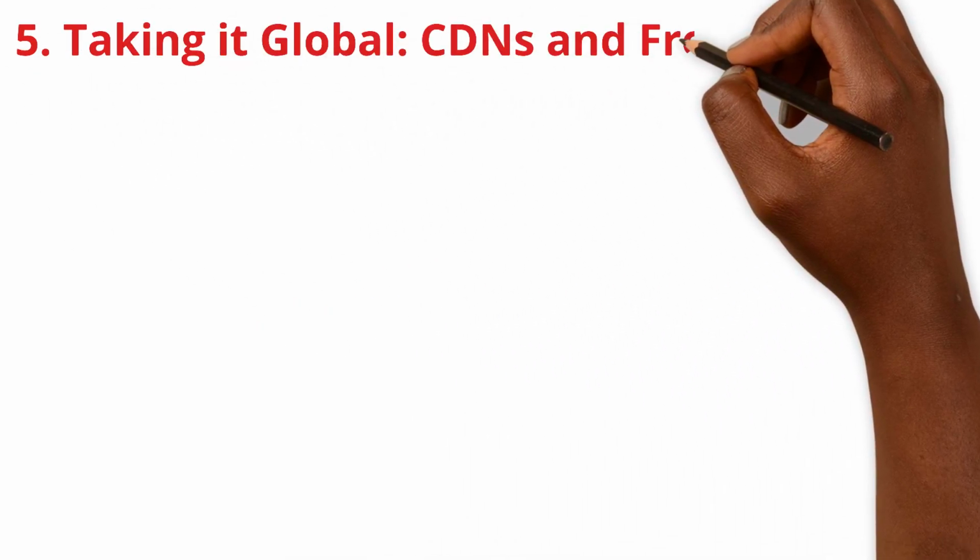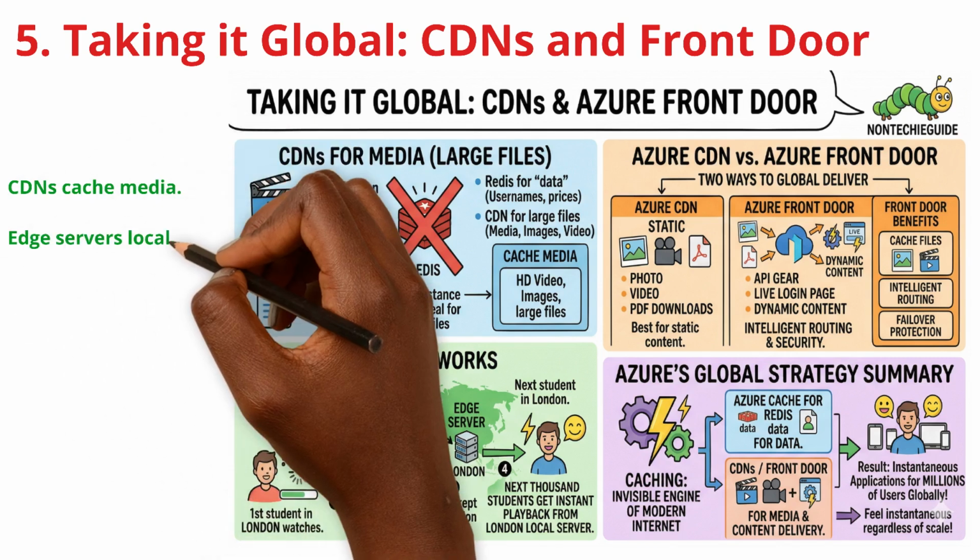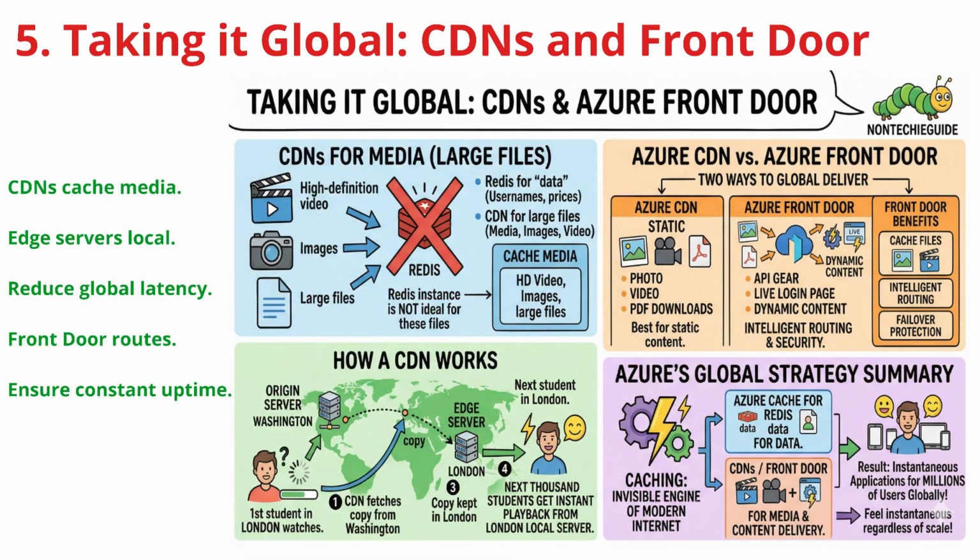While Redis is a superstar for data like prices and usernames, it isn't built for the heavy lifting of high-definition videos or large images. For that, we go global with a Content Delivery Network, or CDN. Imagine a student in London trying to watch a lecture stored on a server in Washington.